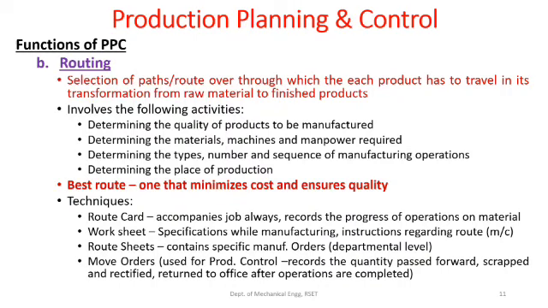This record, the move order, is returned to the office after operations are completed. So this helps you to assess the quantity that is moved forward from each station, the amount that is scrapped, and the amount that is reworked and rectified so that it can move forward to the next station. So these are the basic techniques generally used for routing.